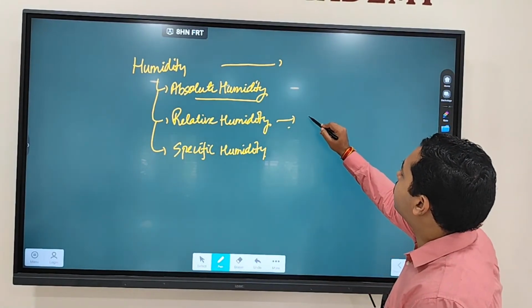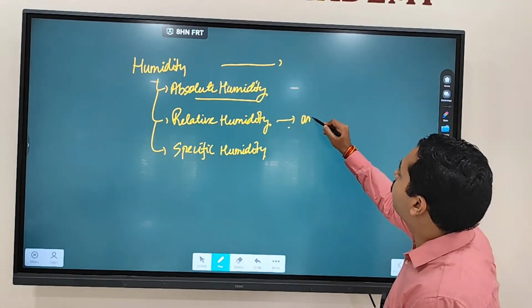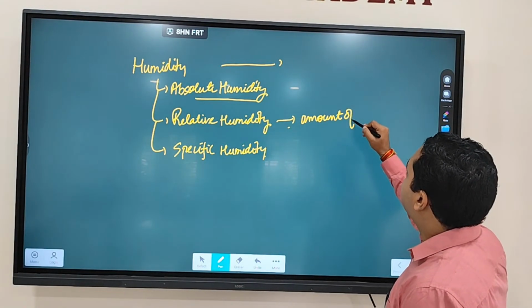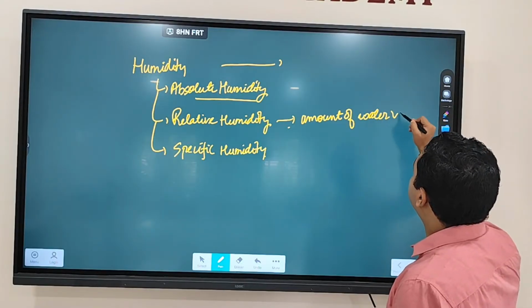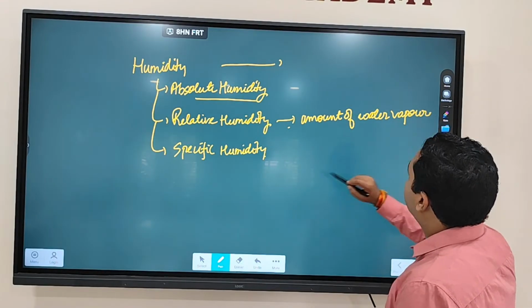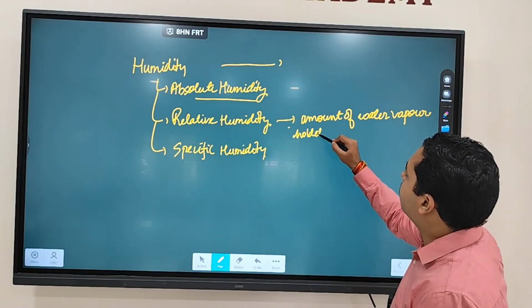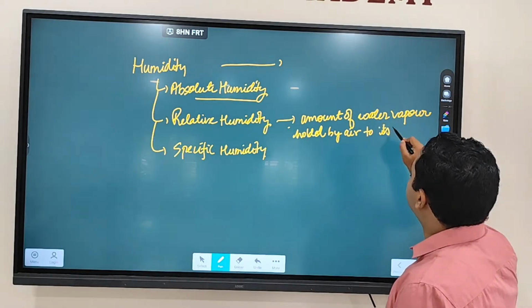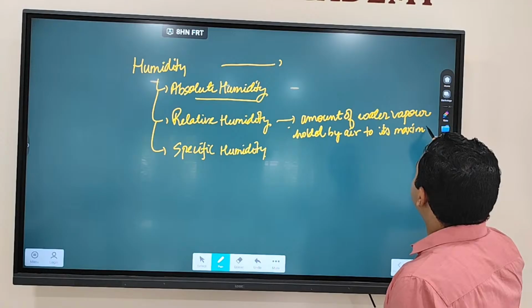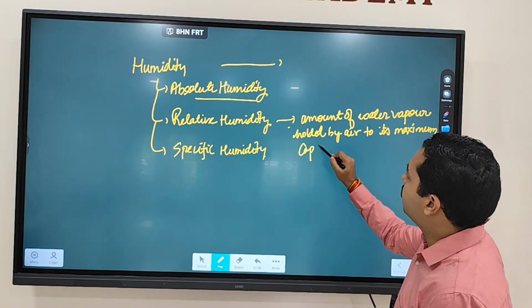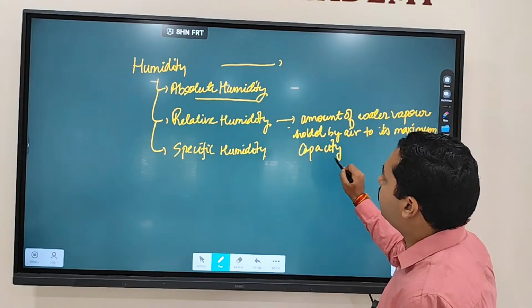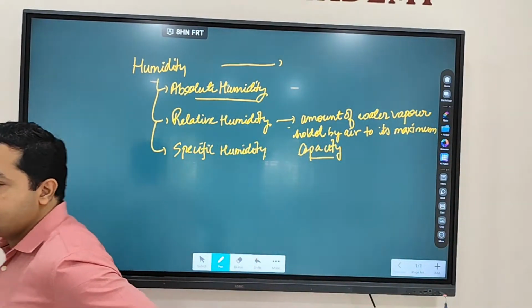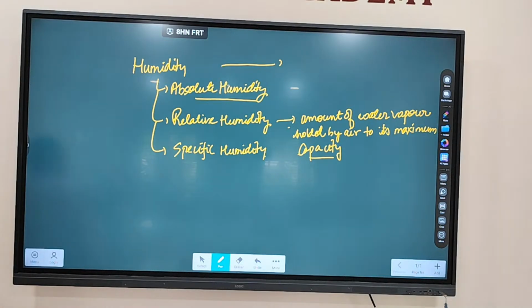It is the amount of water vapor held by air relative to its maximum capacity. That is what we call relative humidity.